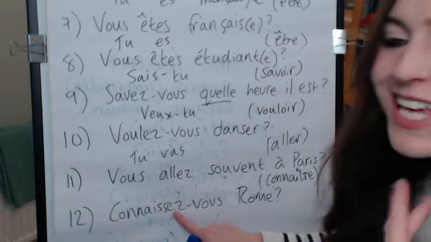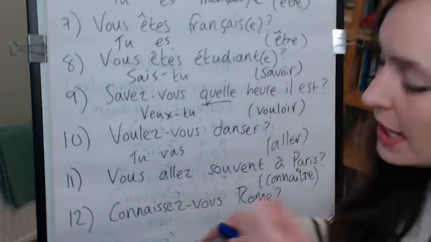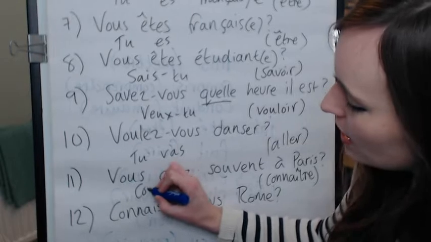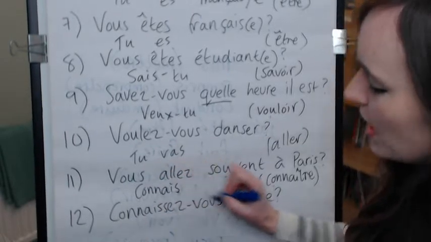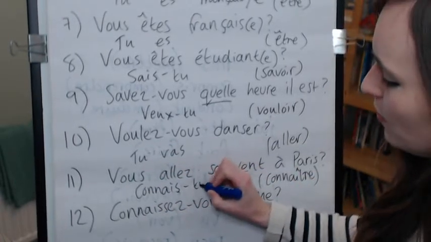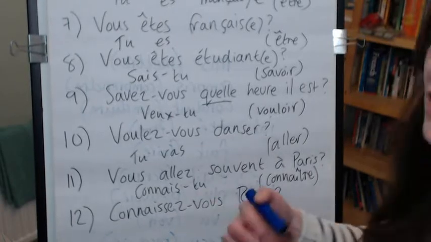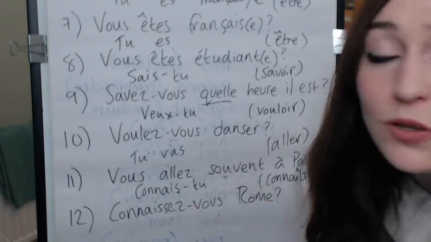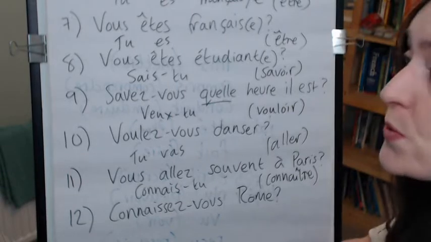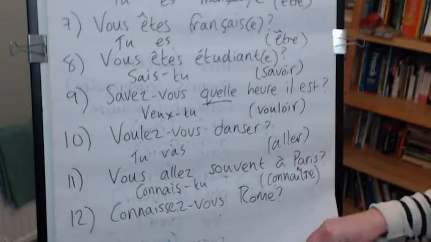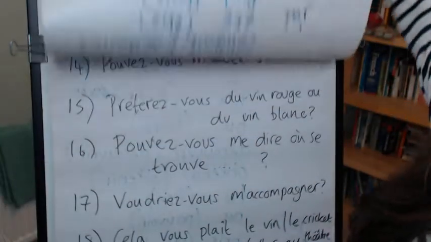You got the EZ ending at the end of the verb, and that's the vous form. You'd have to know that that is connais in the tu form, put the hyphen, then the subject pronoun. Connais-tu? Connais-tu la musique des Rolling Stones, par exemple?